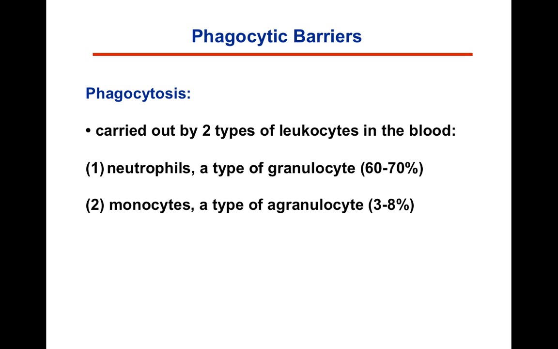One are neutrophils, which are particularly important for antibacterial activity, and they're about 60 to 70% of white blood cells. And the other are monocytes, which are basically a blood-borne phagocyte, and they're about 3 to 8%.